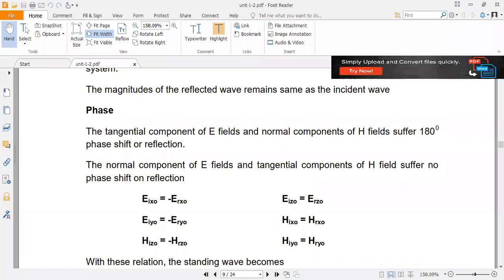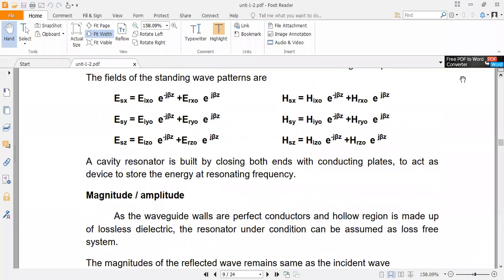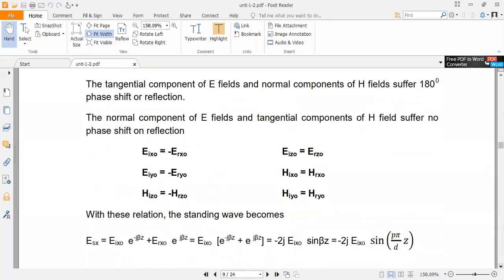We already wrote the 6 expressions. These are the 6 basic expressions. Now, applying these conditions to these expressions, what happens?